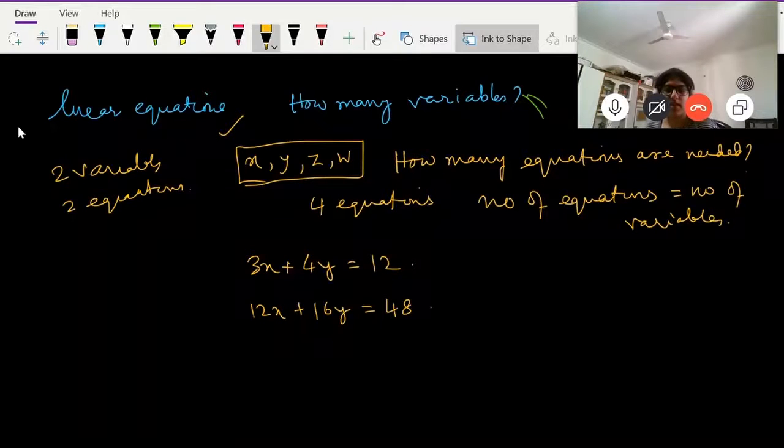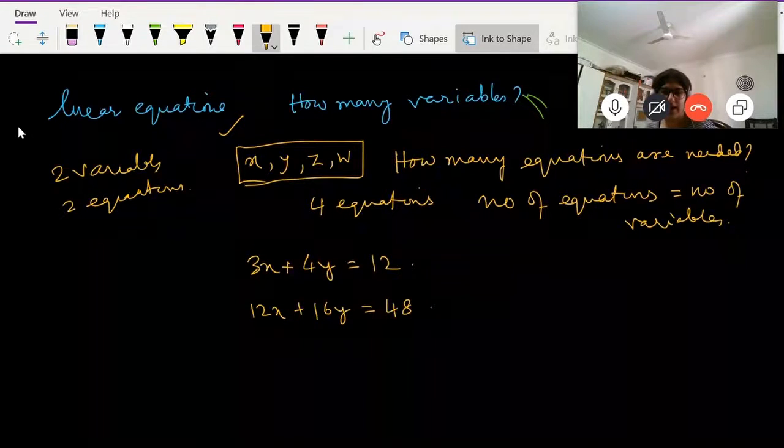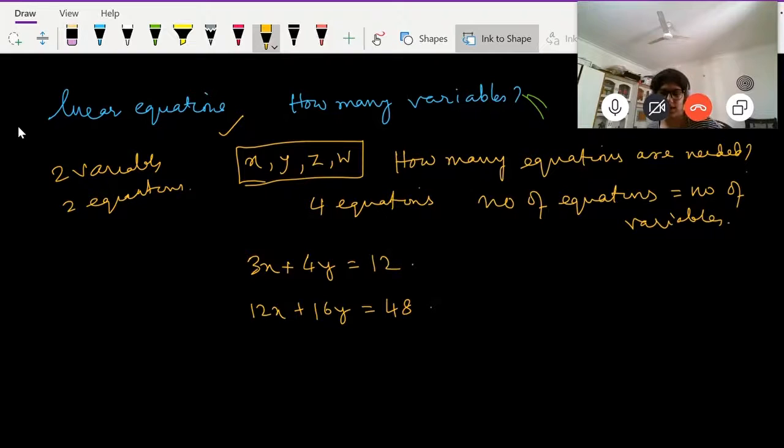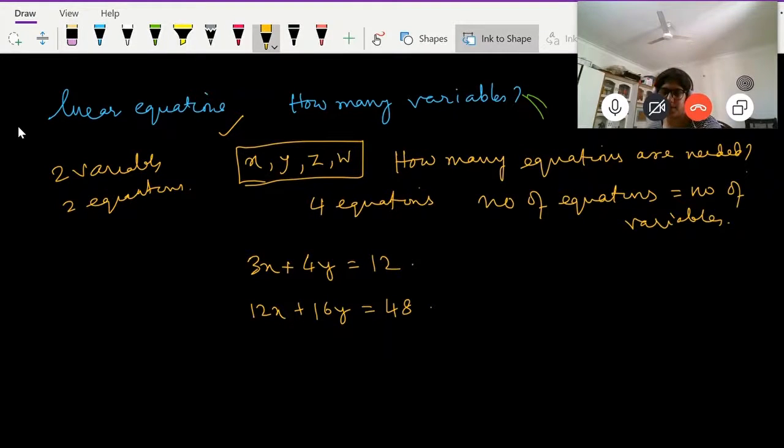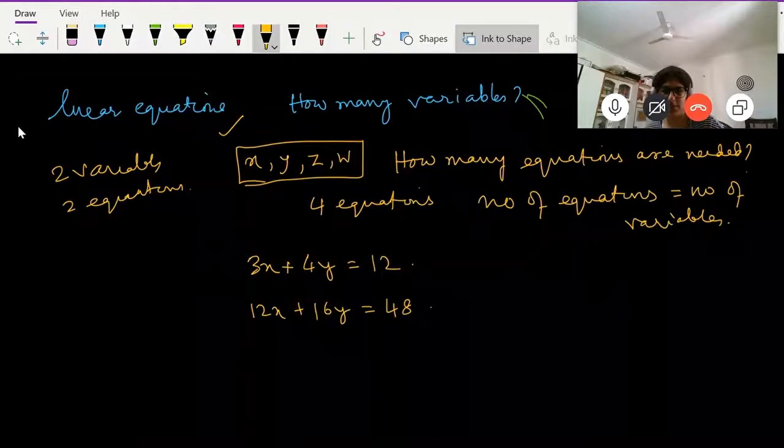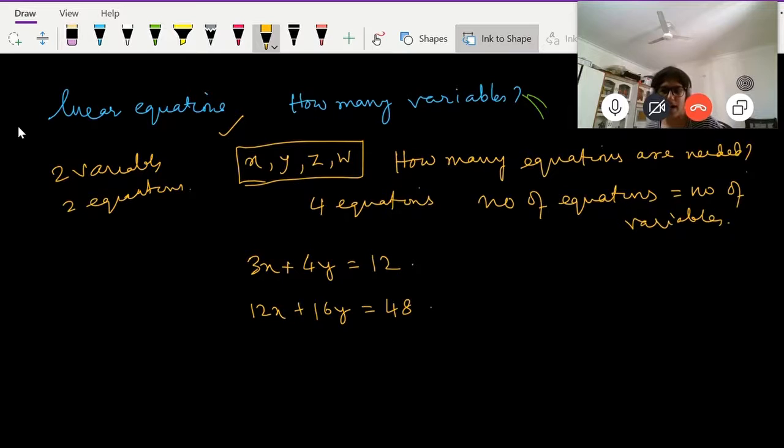So we were told this in school. So 3x plus 4y is equal to 12 is a1x plus b1y minus c1 is equal to 0 in the standard form, then in the same way we do that to the second equation, and then we put a1 upon a2, and so on. You don't have to do all of that. There is a very simple thing.